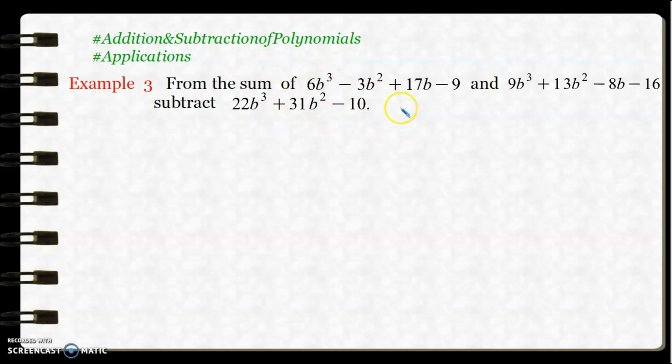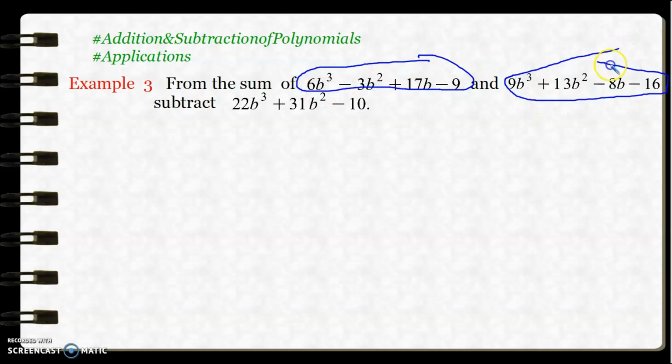The question is a little incomplete; the question is probably, what will be the resulting expression? Our first step, we have to perform two steps, addition and subtraction. First we get the sum of the first and second polynomial.